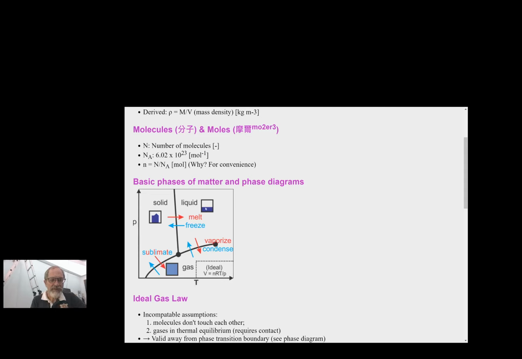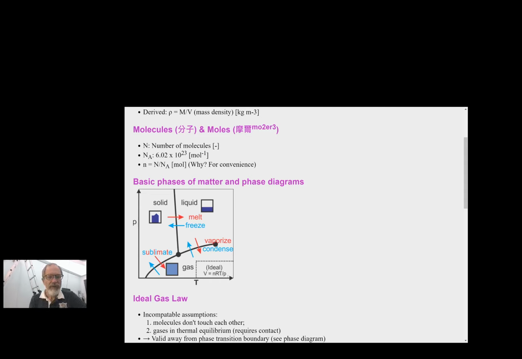So if we look at this, we can then draw how these states of a substance, for example water, would exist on a graph. On this graph, the x-axis is temperature, the y-axis is pressure. If we have low pressure and higher temperature, we will get a gas.